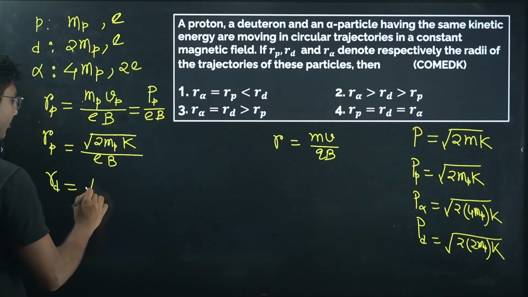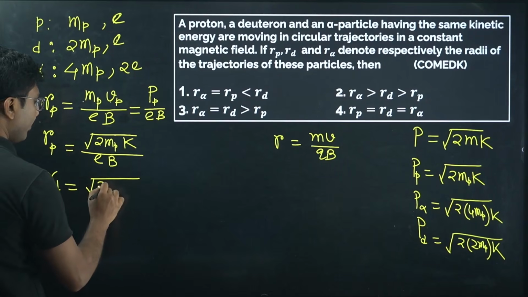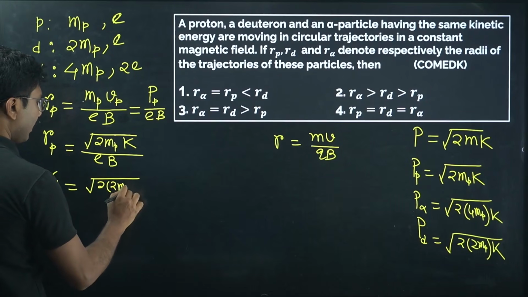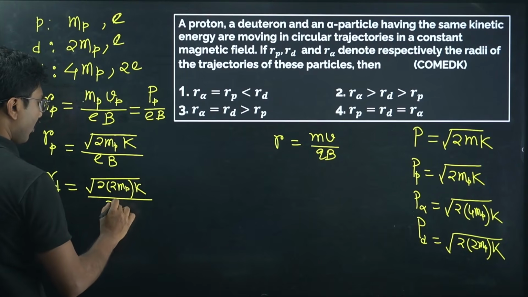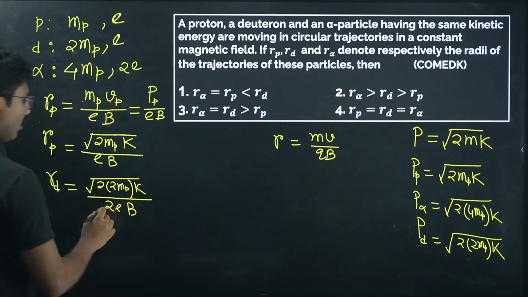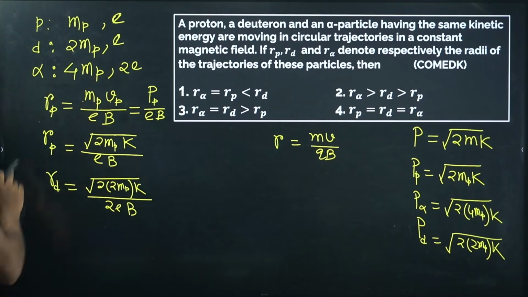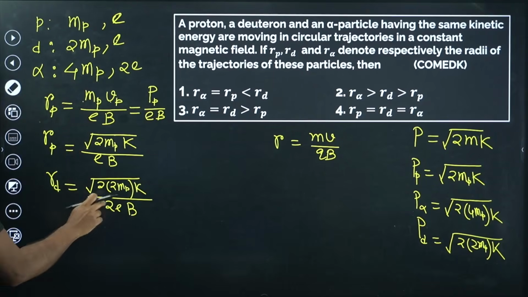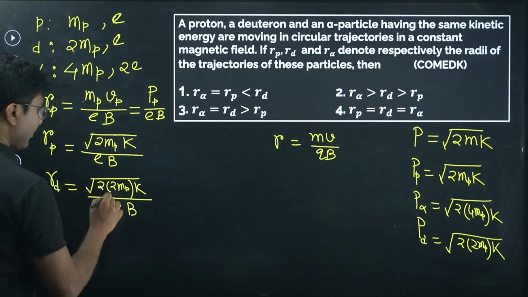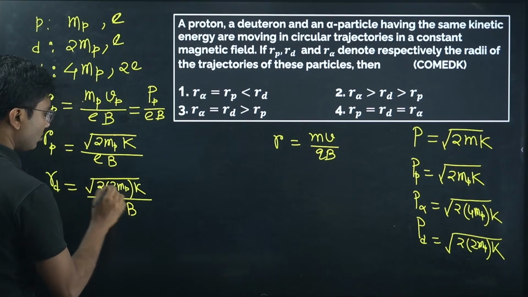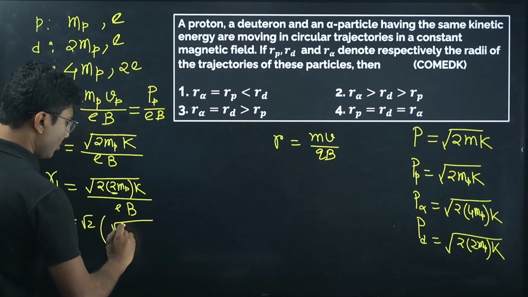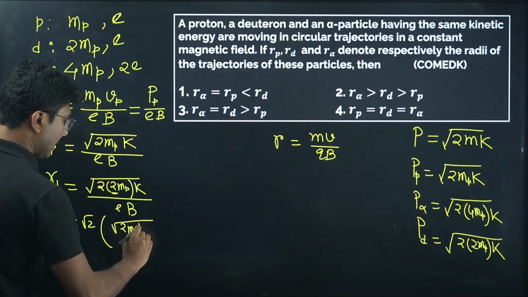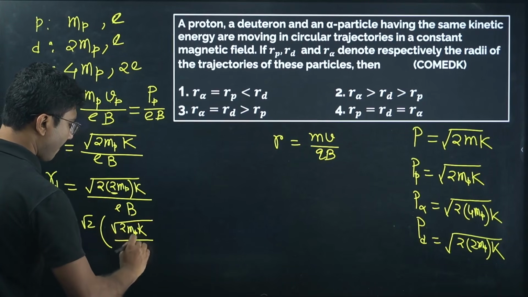It will be the same formula, square root of 2 into 2 mp into K divided by e B. Charge is the same. If you take this 2 out, this will be root 2 into root of 2 mp K by e B.